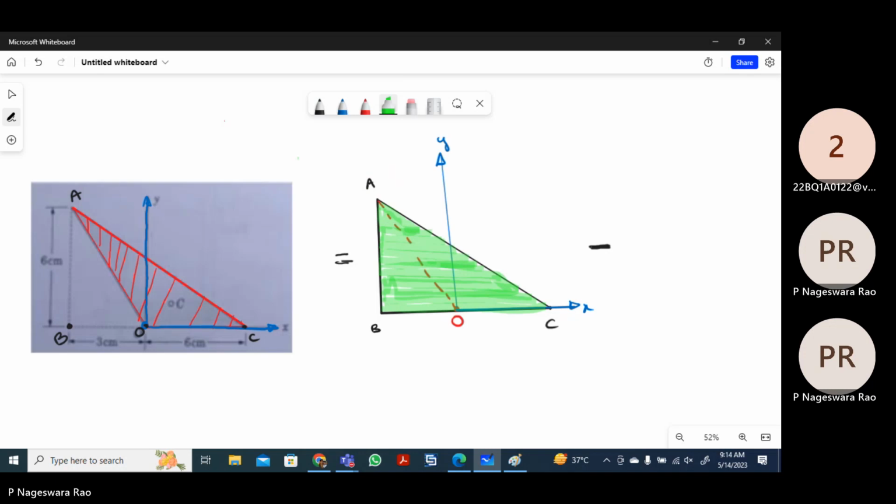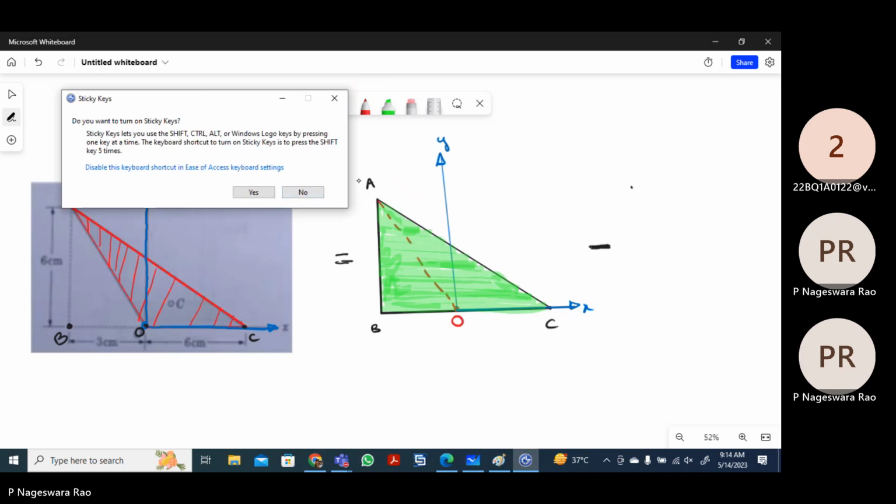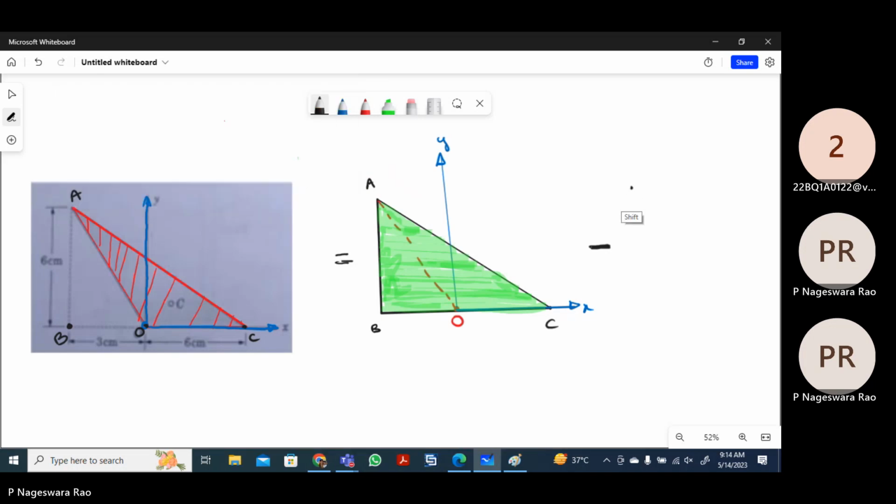It is triangle ABC I was taking here. From this area, I need to subtract triangle ABO because I want to get the centroid for the AOC triangle. This is the triangle ABO.